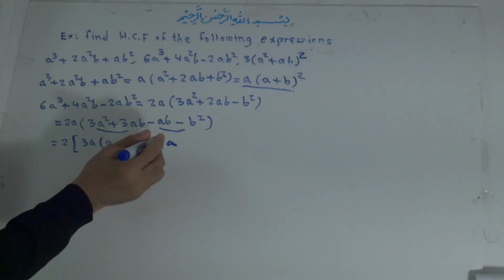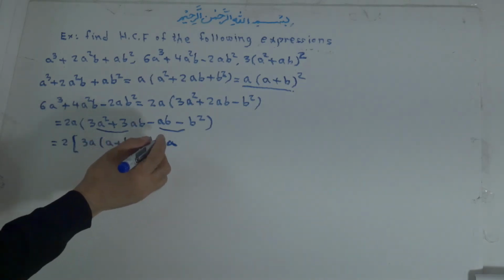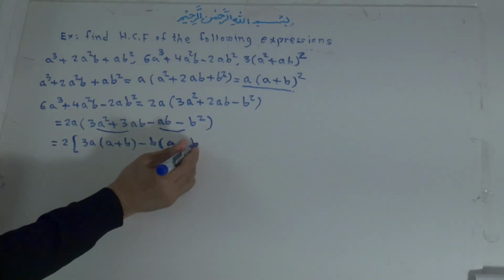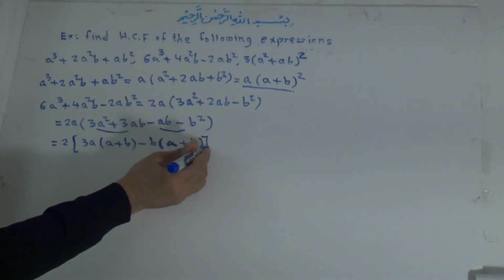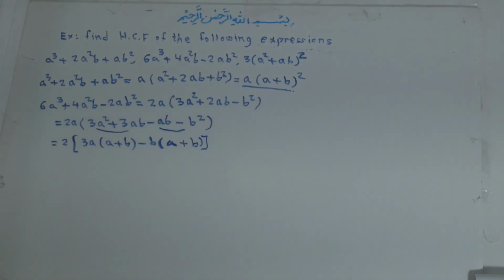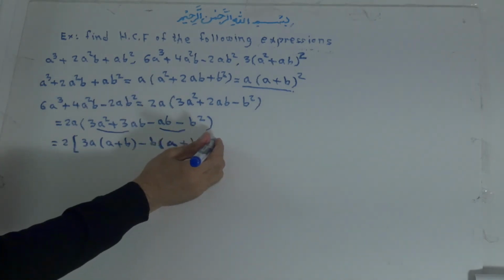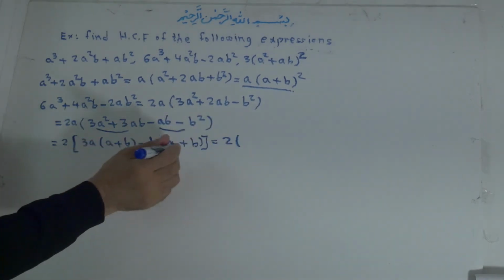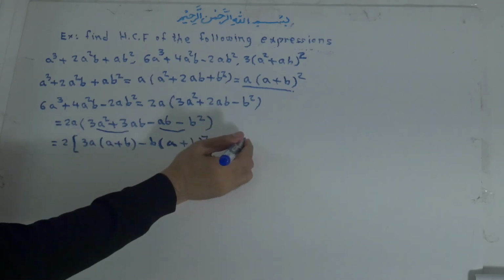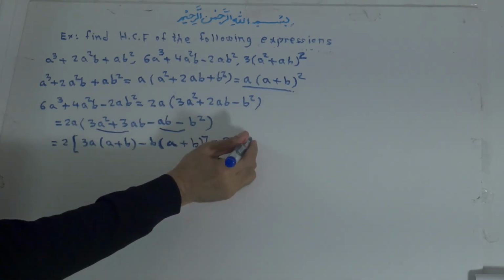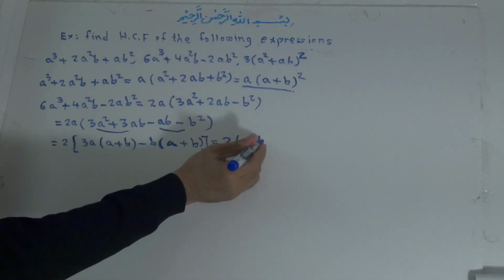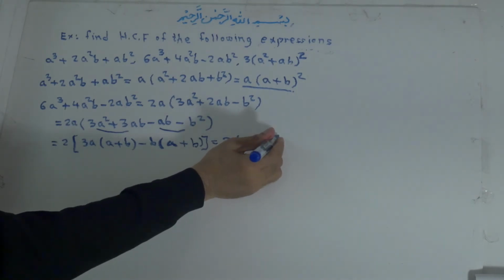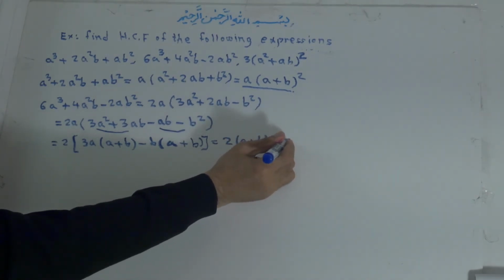Negative times negative is positive, so a plus b. And now from here it is equal to 2, and between these two a plus b is common, and the second factor is 3a minus b.